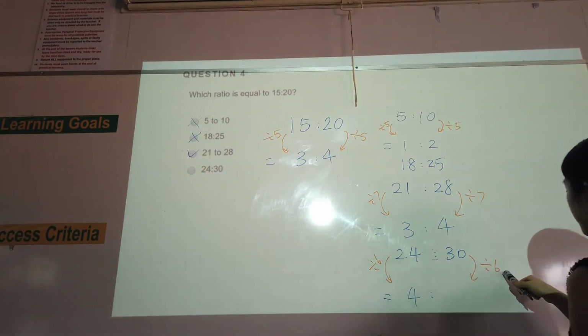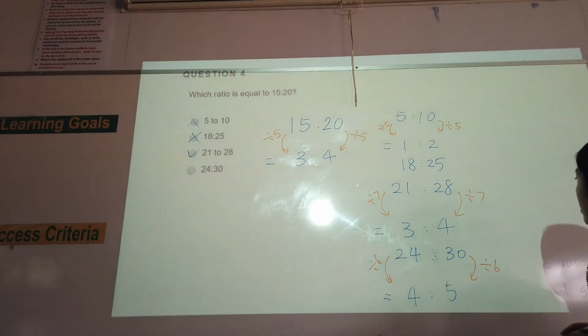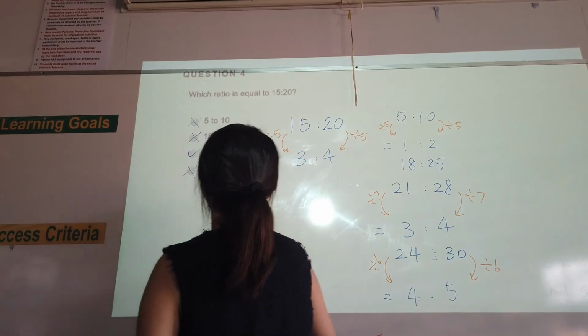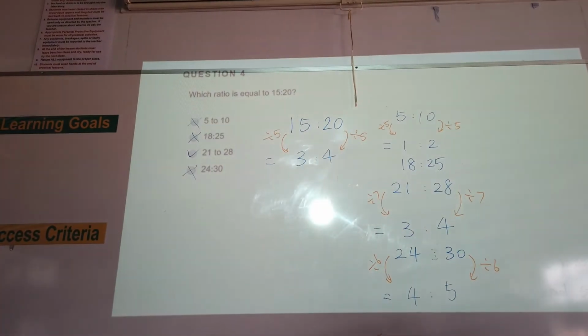And 30 divided by 6 is 5. So the most simplified version of the ratio is 4 to 5, which is not equal to 3 to 4, and therefore this option is incorrect. The answer is 21 to 28.